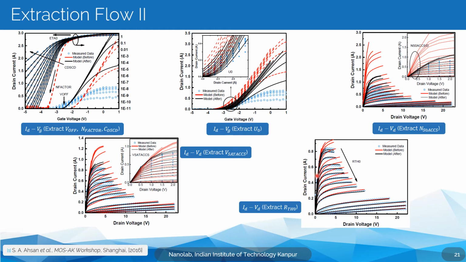What's remaining is the high drain voltage region. For high drain voltage and high currents, that's the region where a lot of power is generated, and because of that power you have a lot of heat generated, which activates the self-heating model, which we are going to discuss later. At this point you extract the thermal resistance of the device, and that gives you a final fit.